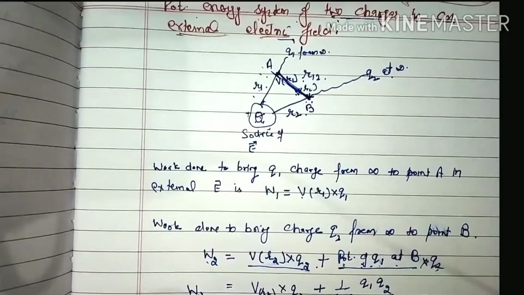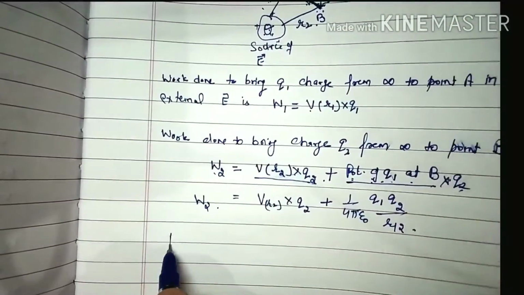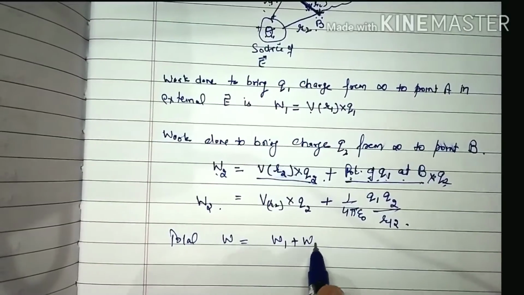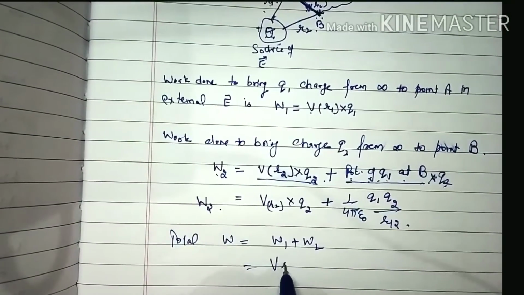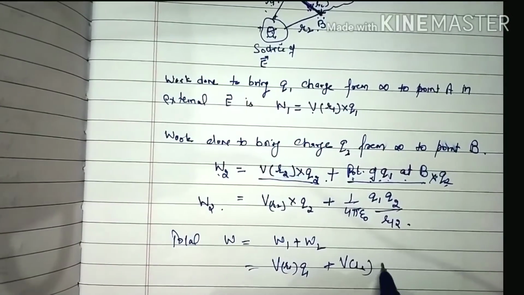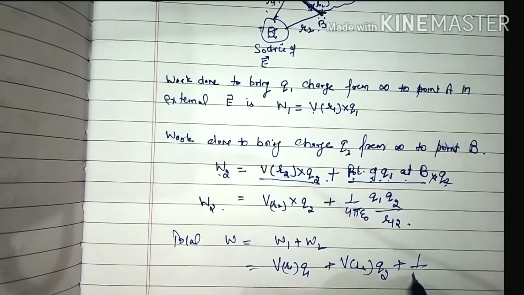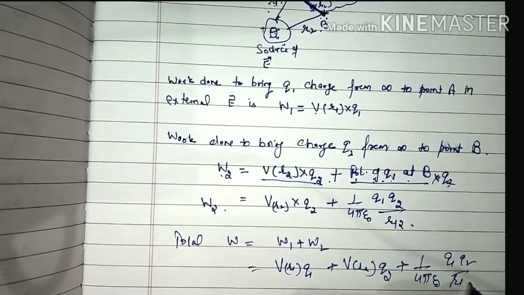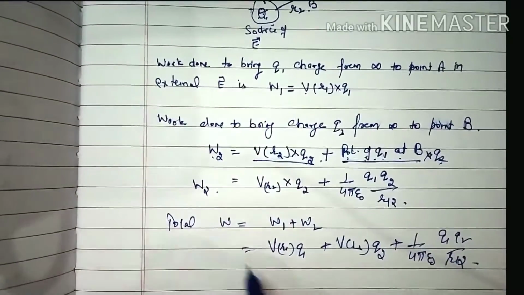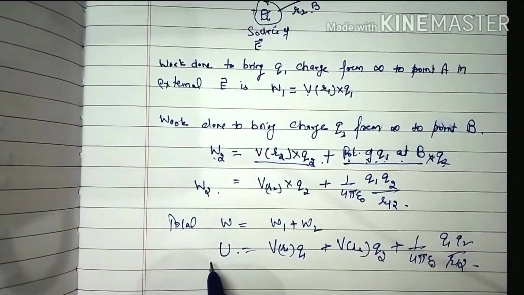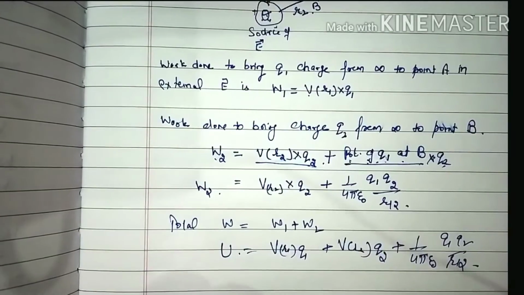This is W2. So the total work done, W1 plus W2, is equal to V(R1) Q1 plus potential V(R2) Q2 plus 1 upon 4 pi epsilon Q1 Q2 upon r12. And this work done will be stored in the form of electric potential energy.